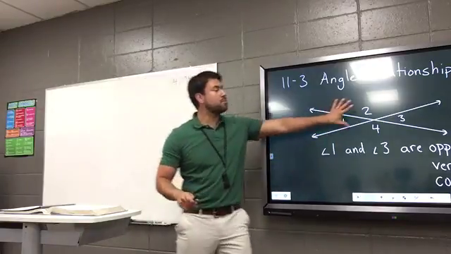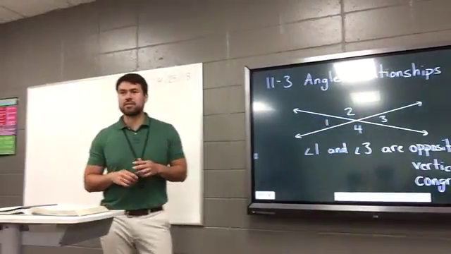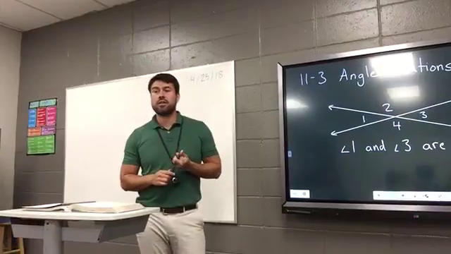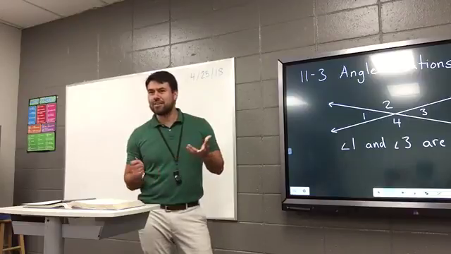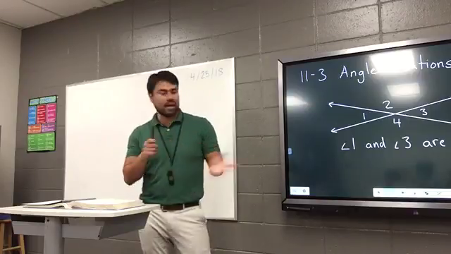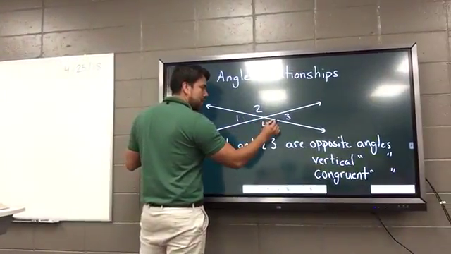Okay, looking at these measures right here, Cole, what do you notice about it? Or what do you know about these? Well, something I noticed is that if you add up all the degrees, it should add up to 360. What? Wait, did you add them up? Yes. Oh, he added them up. Okay. Guys, let me start from here. Ready? Look at this point.